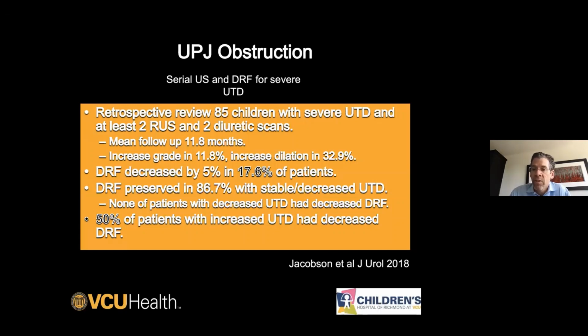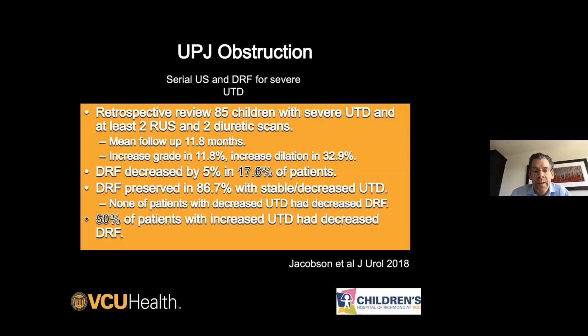Increase in dilation in 1/3. So again, the grading is different than just patients that had increased dilation. They found a decrease by 5% of function in about 17% of those kids. Now the question is, what's the significance of a 5% decrease in function? What's the error rate in the region of interest and those sorts of things.